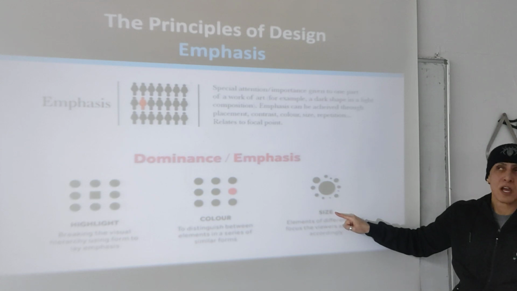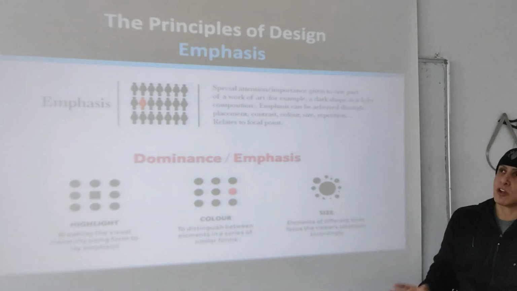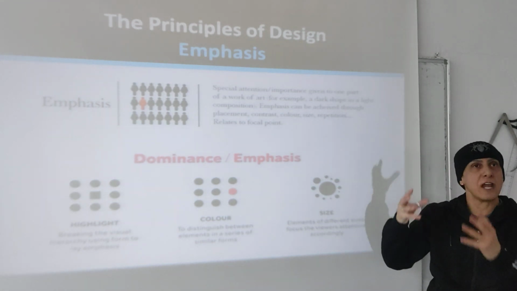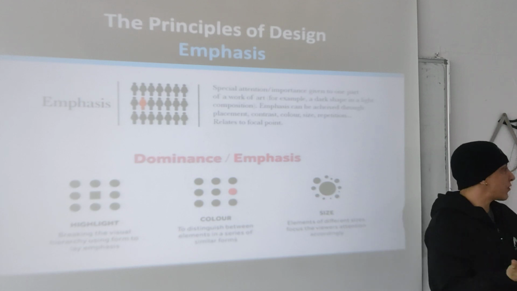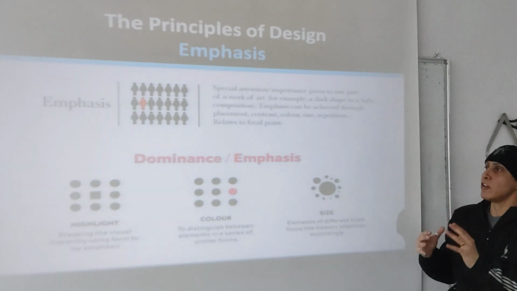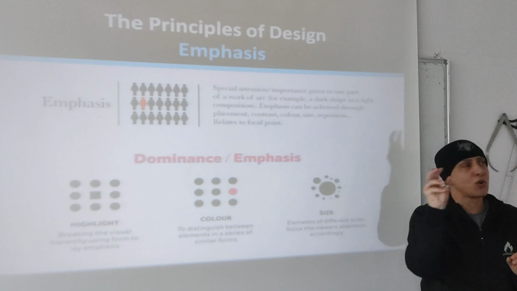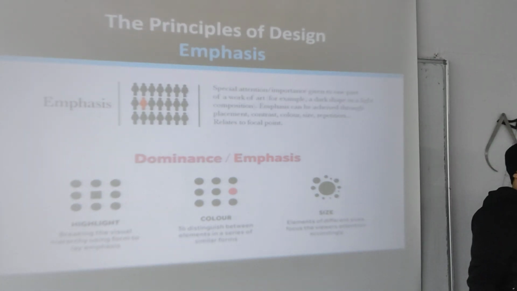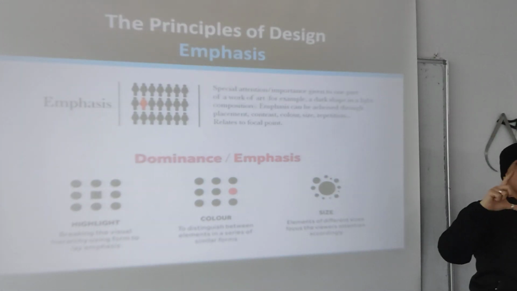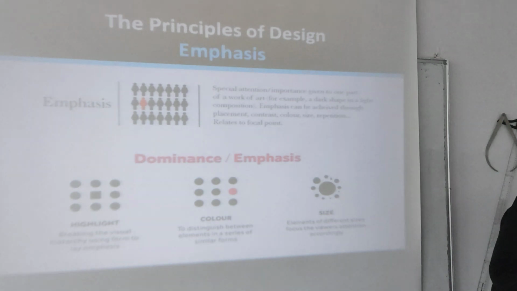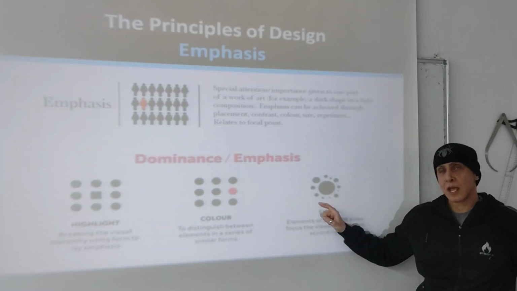Size. If I have a composition where all the elements are of a particular size, and then I suddenly change the size, for example, small circles, and then I make a big circle, the change of the size creates the emphasis, okay?